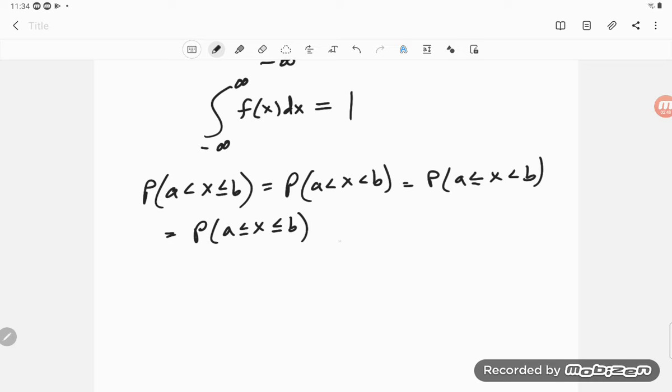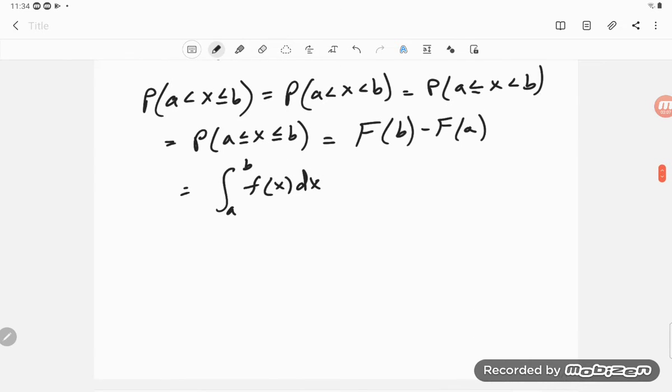And that we get from F of b minus F of a, but the fundamental theorem of calculus says that's just the integral from a to b of our little f of x dx. And so continuous is really pretty simple as long as I can do the antiderivatives.